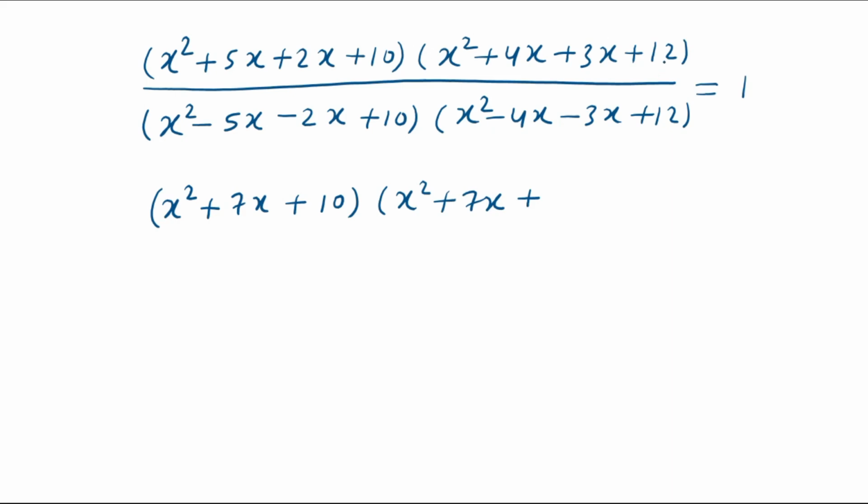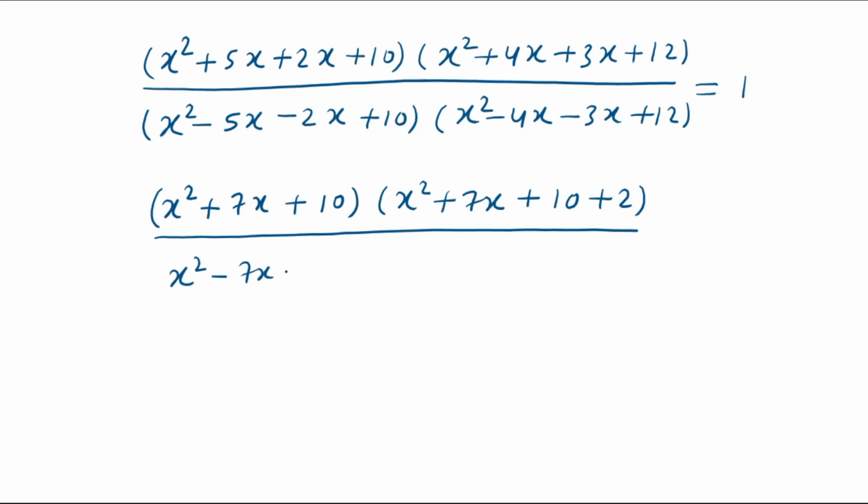So we will write this 12 as 10 plus 2, and divide by x square minus 5x minus 2x is minus 7x plus 10 is multiplied by x square minus 4x minus 3x is minus 7x plus this 12, we will write 10 plus 2. This is equal to 1.